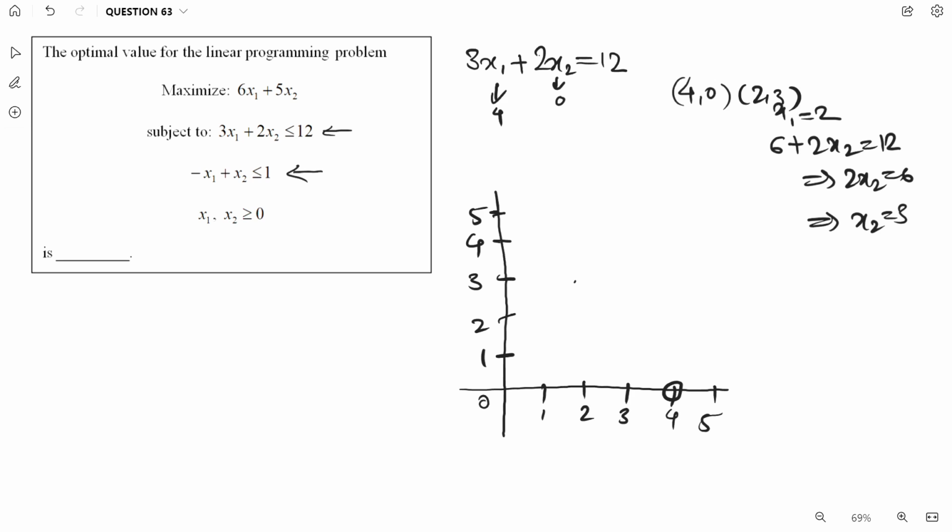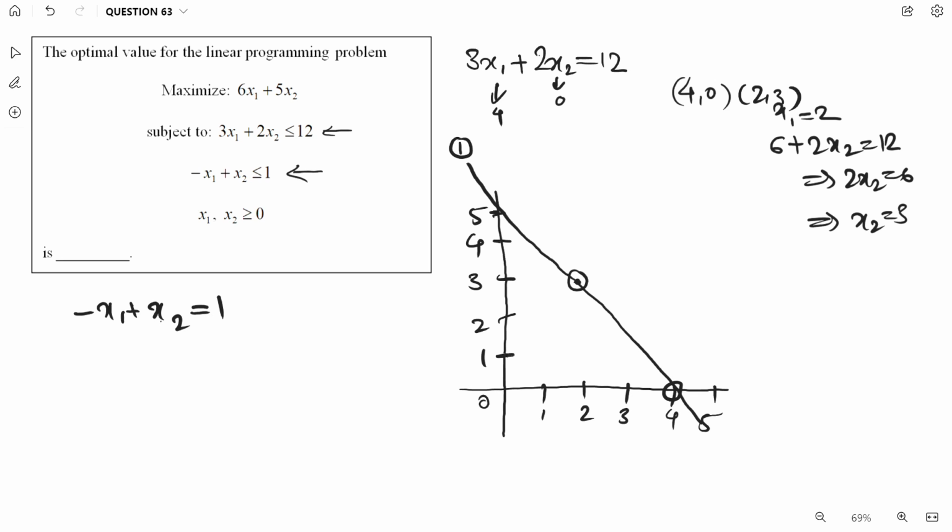So the point (2, 3) lies on this line. Let's draw this. So this is the point (2, 3). Now just join these 2 points by a line. Okay, so this is our first constraint. Now second constraint is minus x1 plus x2 less than or equal to 1. Again convert it into an equation, we get equal to 1. So the difference between x2 and x1 is 1. x2 minus x1 is 1.